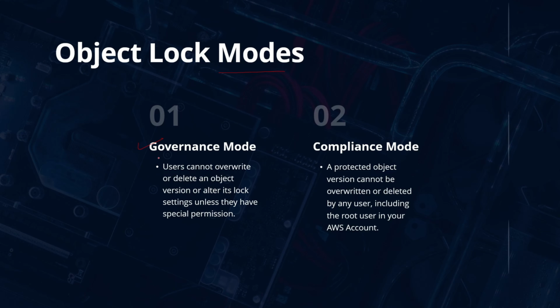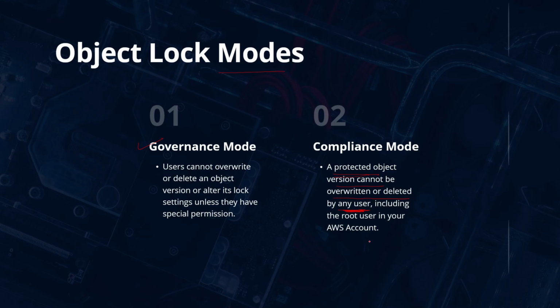in governance mode. Now, coming to the compliance mode, once an object is protected, remember, once the object is protected, it cannot be overwritten or deleted by any user. Remember, any user, which also includes the root user of your AWS account.